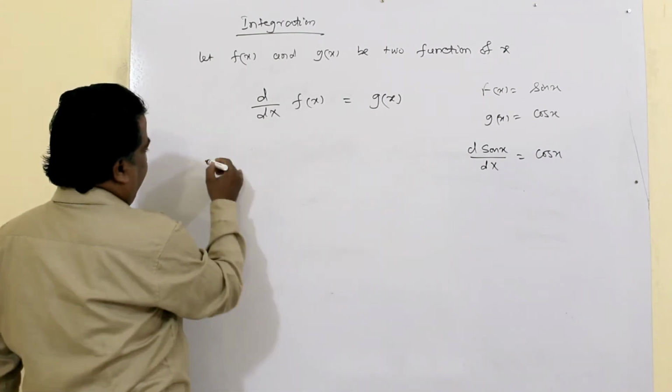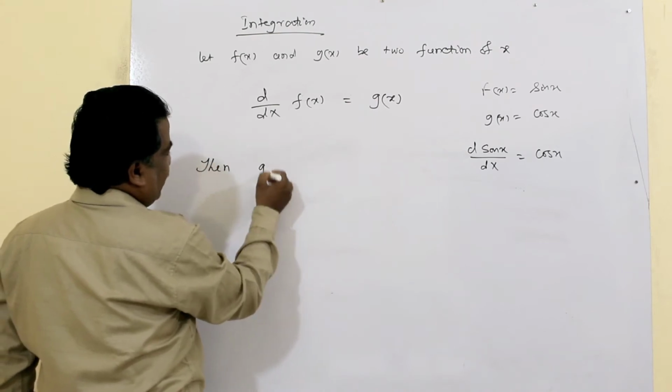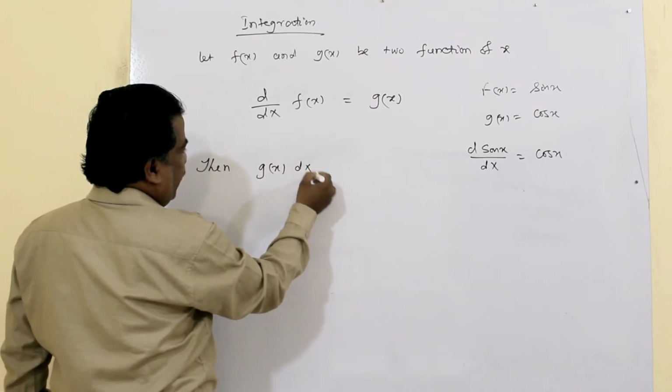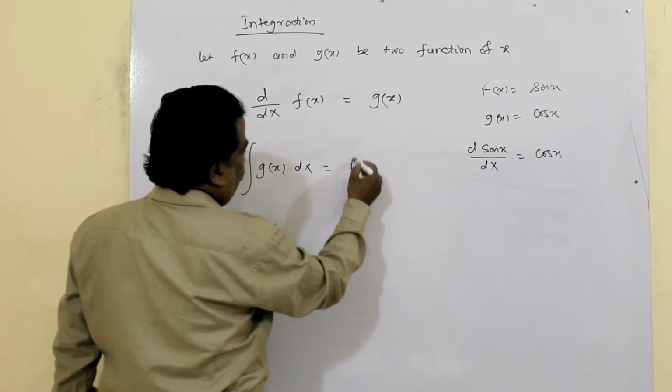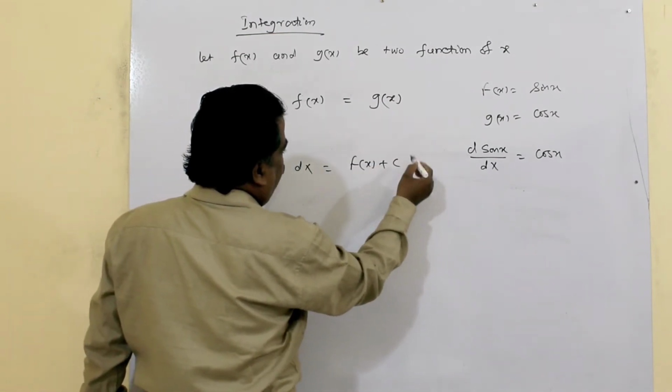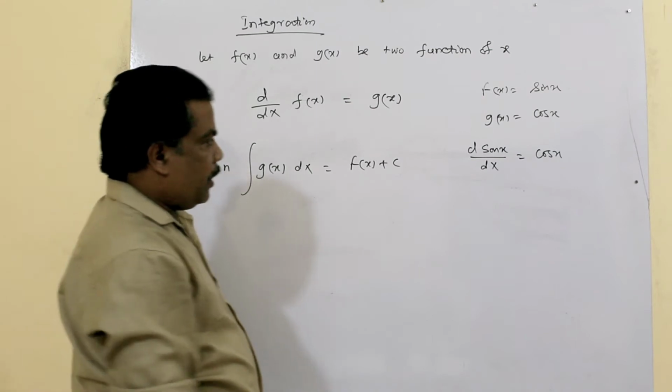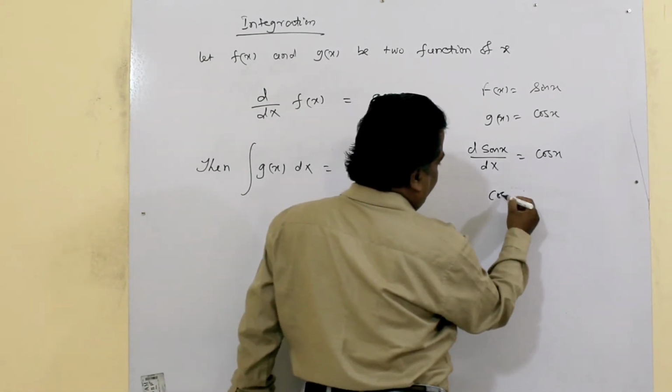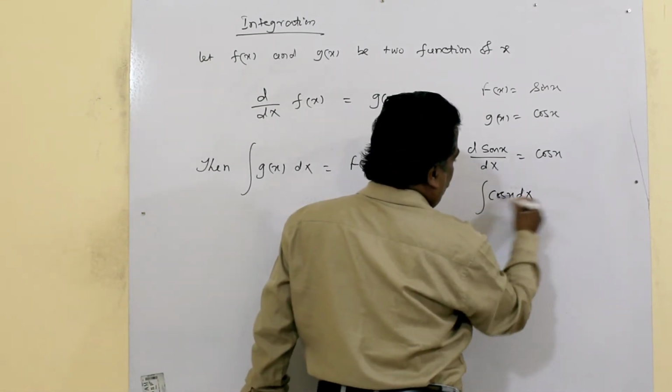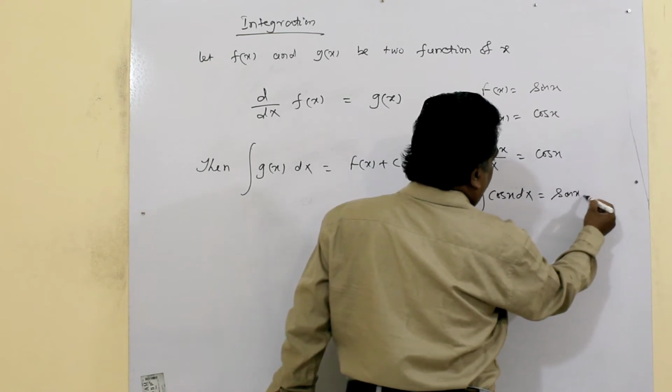Then the integral of g(x) dx is equal to f(x) plus c. Now the integral of cos x dx is equal to sin x plus c.